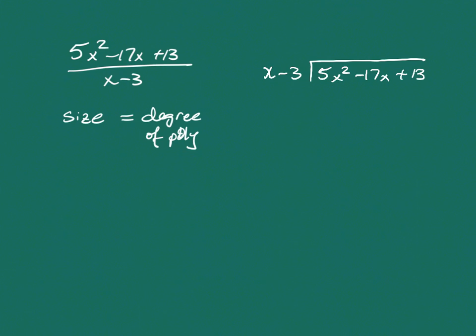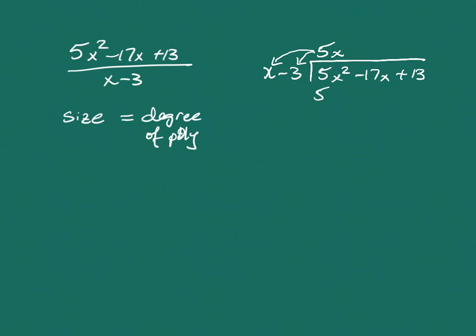We first compare the leading terms. We look at x, and then we look at 5x squared. What do I need to multiply x by in order to give me 5x squared? I need 5x. So I multiply the 5x times the polynomial that I have.